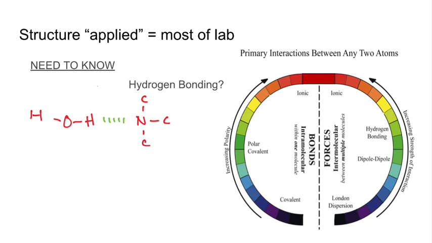That green dashed line, what we're trying to represent is the force between the nitrogen and the hydrogen, not a bond away or towards. What force is that? It's hydrogen bonding. How do we figure that out?